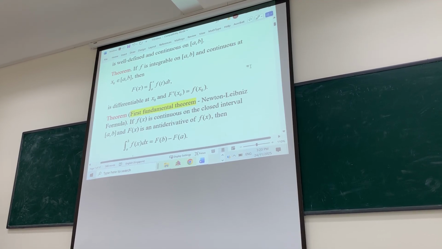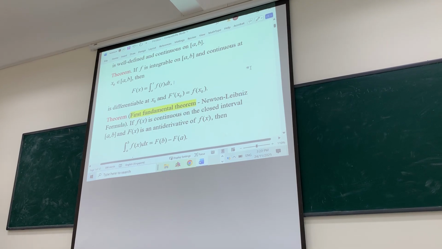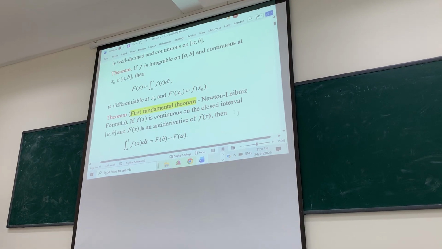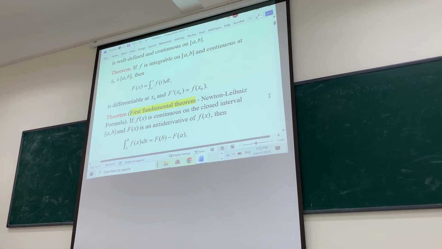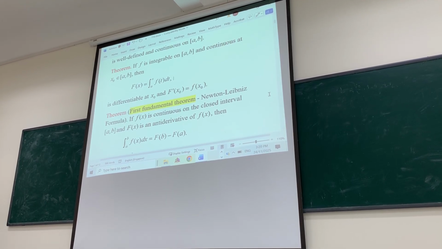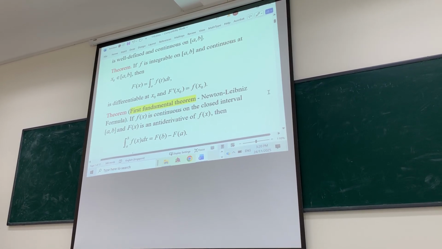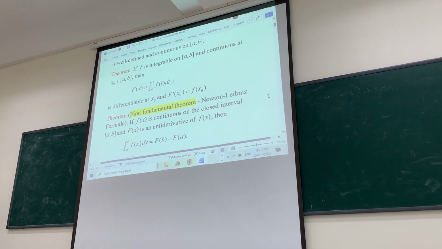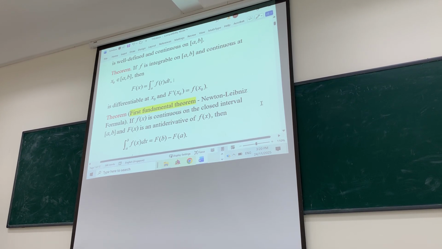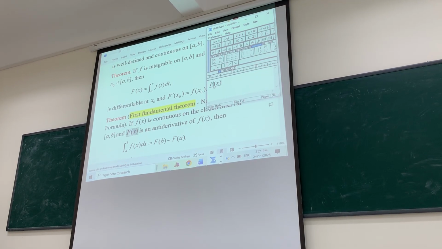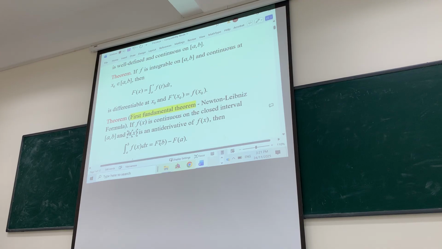If the function f is continuous on the closed interval [a, b], and F is an antiderivative of f(x), then we can find the definite integral from a to b of f(x) dx, which is equal to F(b) minus F(a).